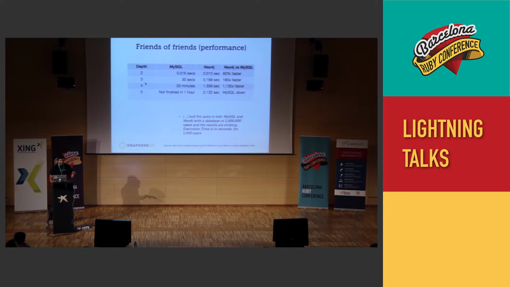And depending on the depth of the relation, we can see that MySQL is not really an option. Once you go to depth 4, the query takes like 25 minutes. And this is for a data set of 1 million users, and you do a query on 1,000 users.